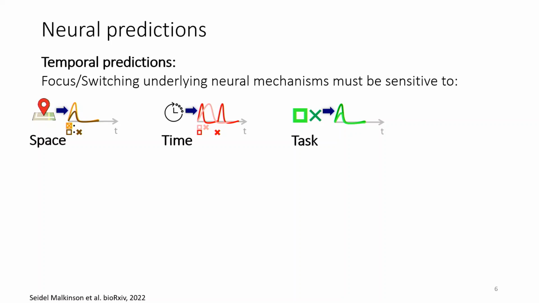If the target is task relevant, it should elicit a stronger response than the cue, which is the kind of distractor. And of course, the neural activity should be associated to the response time itself, which is our behavioral measurement. We also had spatial predictions, because this clustering algorithm is only done based on the temporal information.